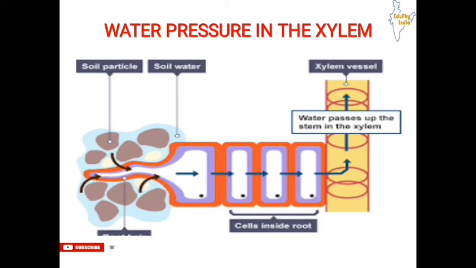At the roots, there are cells in contact with the soil, and those actively take up ions from the soil into them. This creates a difference in the concentration of these ions between the root and the soil, which is called osmotic difference, which is then turned into osmotic pressure.